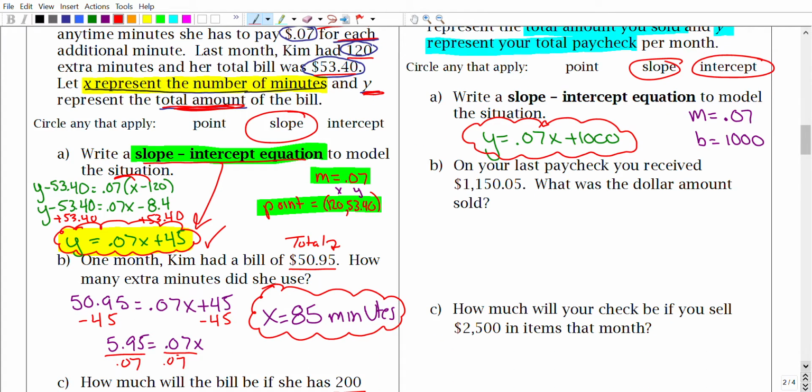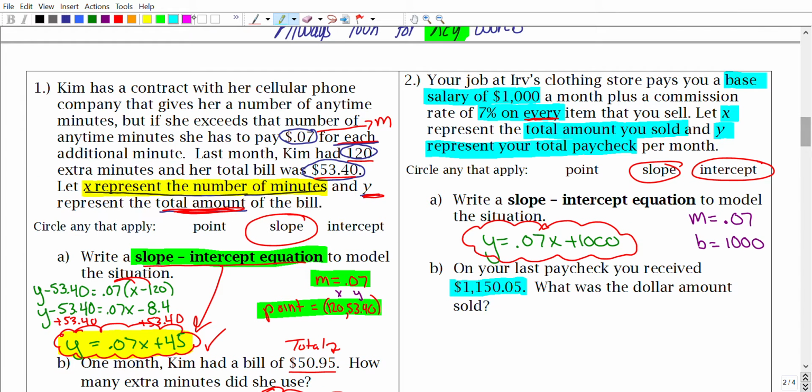Part B says, on your last paycheck, you receive $1,150.05. What was the dollar amount sold? Okay, so your paycheck was $1,150.05. And what represents the amount on your paycheck? Y represents that amount.